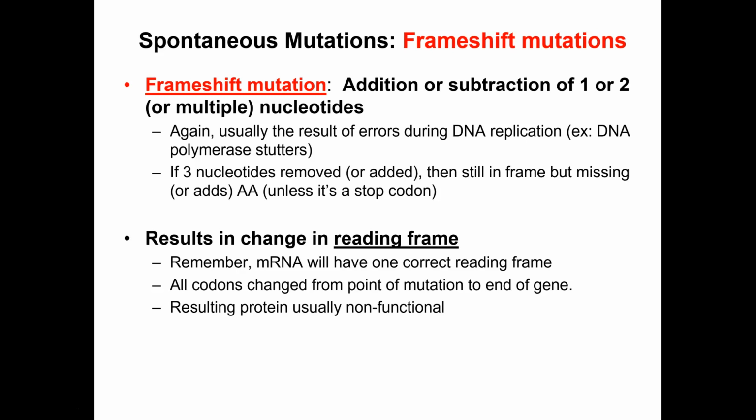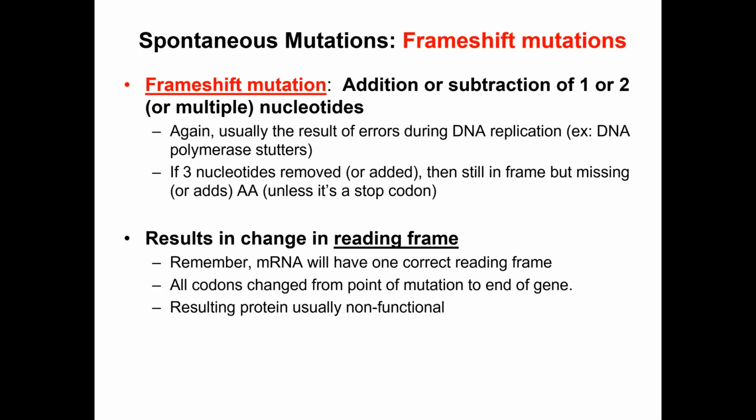Now, instead of throwing in the wrong nucleotide, either it's going to add one or more nucleotides where there wasn't any, or it will remove nucleotides. So we're not swapping, we're adding or removing entire segments of DNA. This is bad.